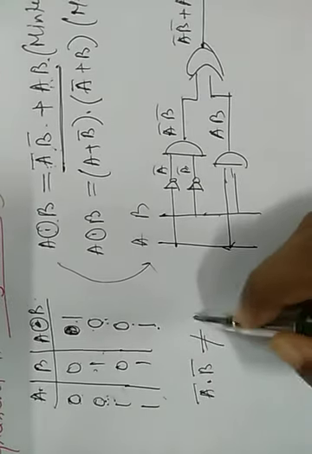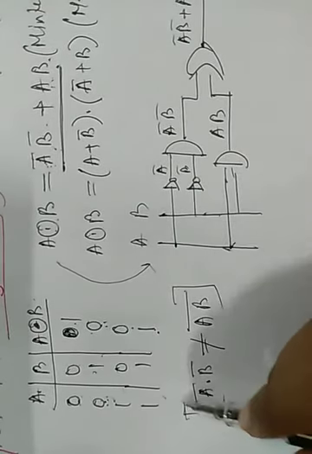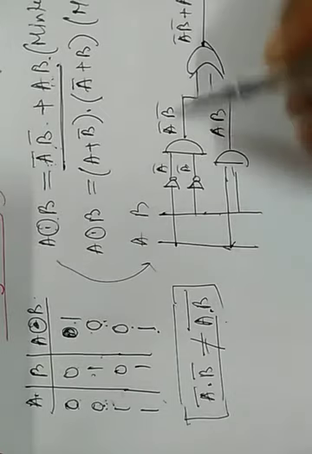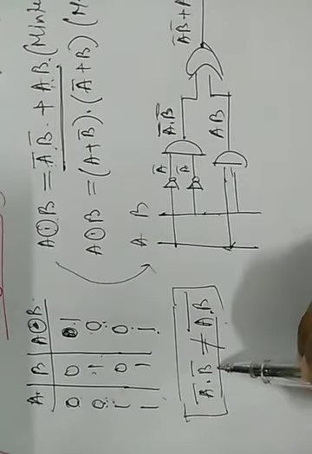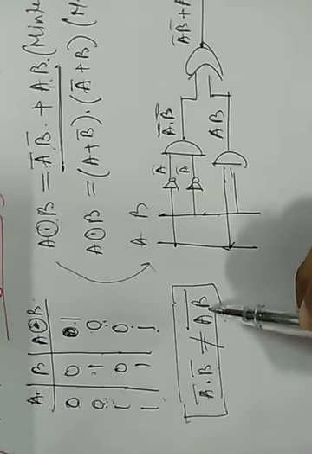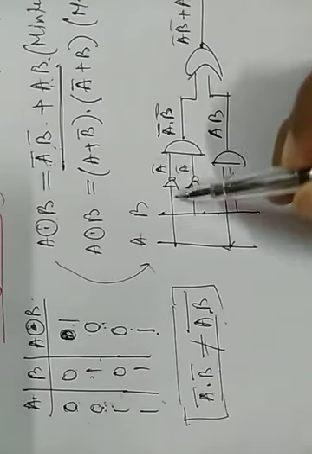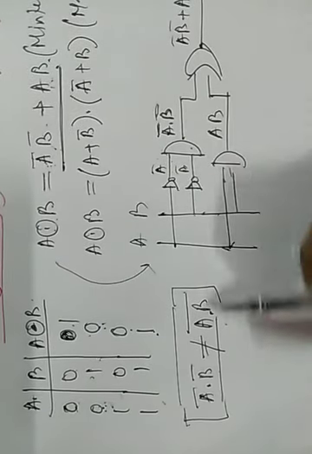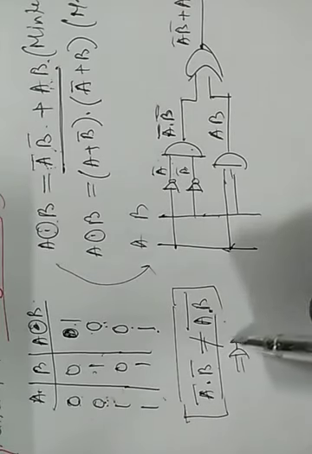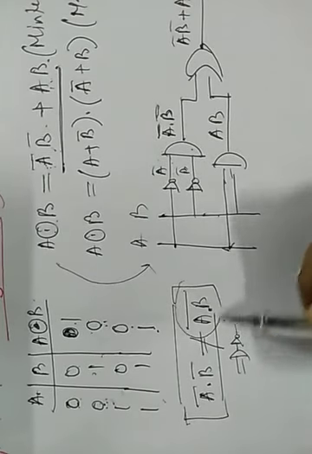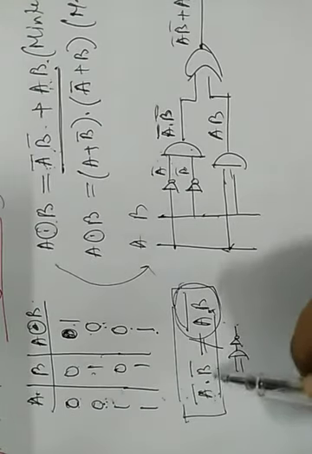This is not equal to (AB) whole bar. Always remember it. Okay, this is very important. This is A bar dot B bar, not AB whole bar. Clear? So that's why we do the complement first, then the AND operation. And for the other, we do the OR operation first, then the complement. This is for the NOR gate, the complement of A bar dot B bar.